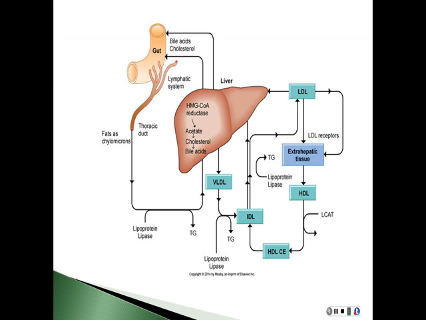The liver produces VLDL, which transports endogenous lipids to the peripheral cells. While it's in circulation, the VLDL is cleaved by lipoprotein lipase and then loses triglycerides, and that creates the IDL, or the intermediate.